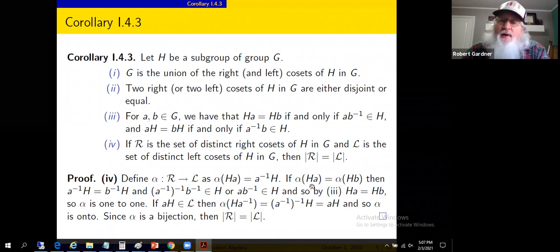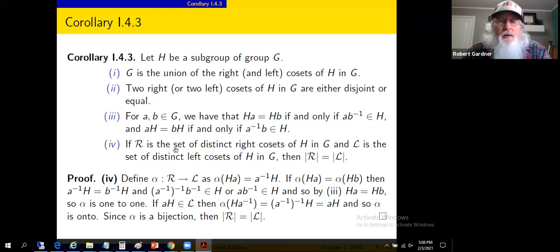So if alpha of this right coset Ha equals alpha of this right coset Hb, then a inverse H equals b inverse H, because that's what the mapping is. It takes the right coset Ha to the left coset a inverse H. So that's the very definition of our mapping. Okay, here we got equality of two left cosets.